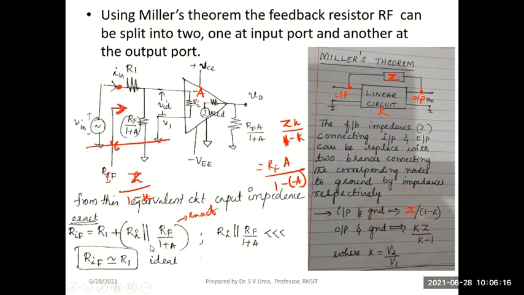Even after that, this RF by 1 plus A would be much less than R1 also. That's why we say that approximately the input resistance of an inverting amplifier will simply be equivalent to the resistance which we connect between the input signal generator and the inverting terminal, that is R1.